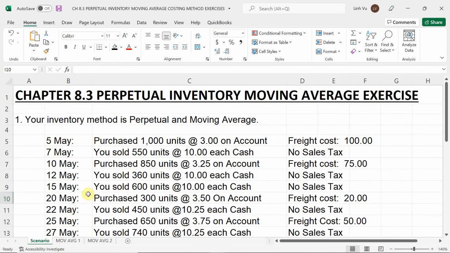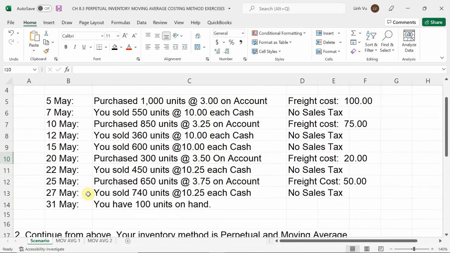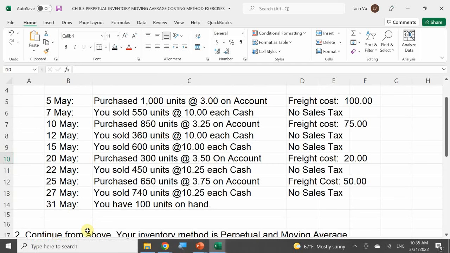May 20th rolls around and we end up purchasing 300 units at $3.50 each with a freight of $20. So we bought more inventory: 300 at 3.50 with a total freight of $20, on May 20.